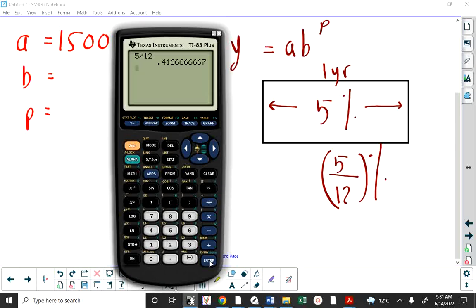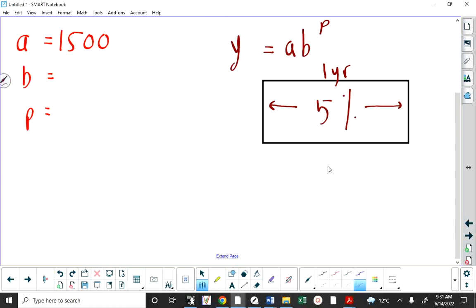So in other words, we have to take, and we've done this before, 5/12ths of a percent. B is going to be equal to 1 plus the percentage over 100. We have to divide that percentage by 100 and add it to 1 because we're adding it to 100%.